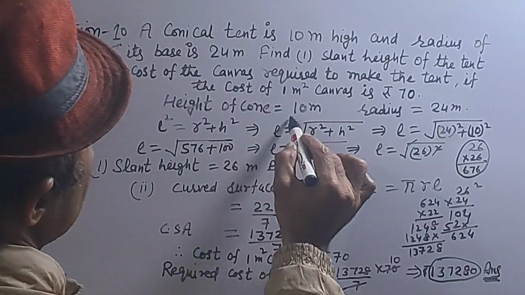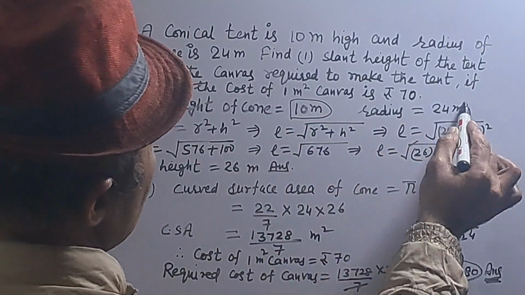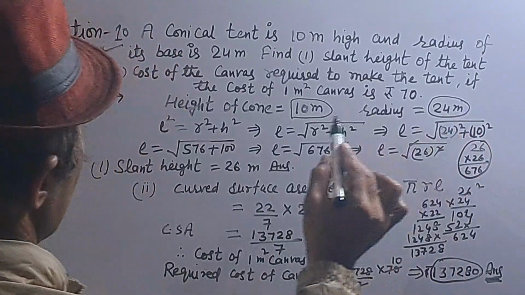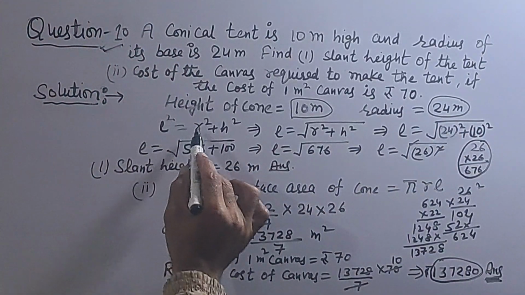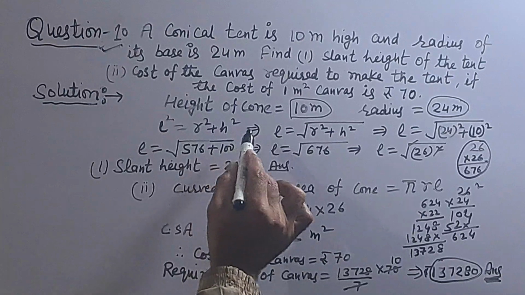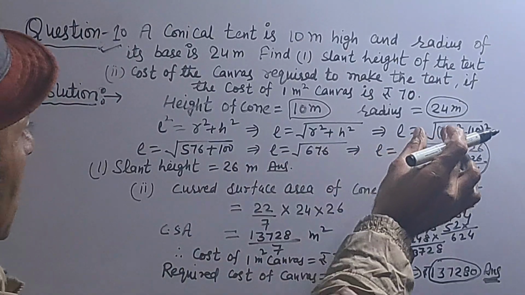Height of cone is 10 meter and radius is 24 meter. Slant height L square is equal to R square plus H square, which implies L equal to root of R square plus H square.